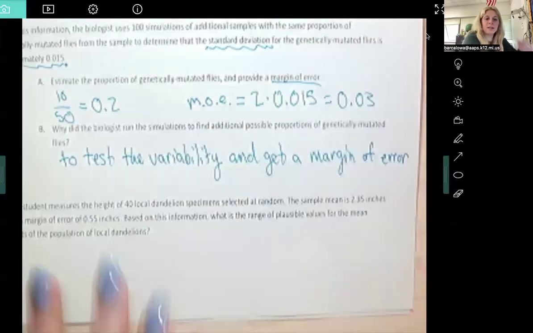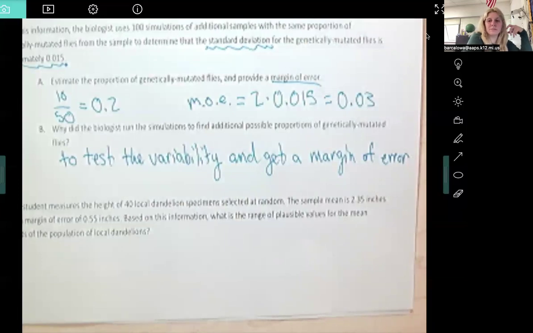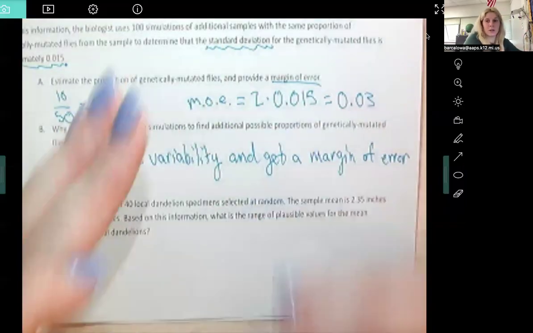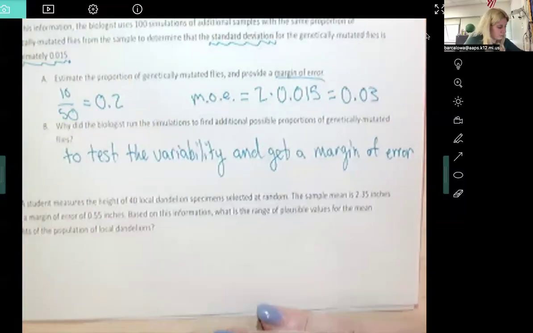If you only have one data set or one sample, you're not going to have a margin of error because you don't have anything else to compare it to. So you need to have a bunch of different data to get standard deviation and find your margin of error.